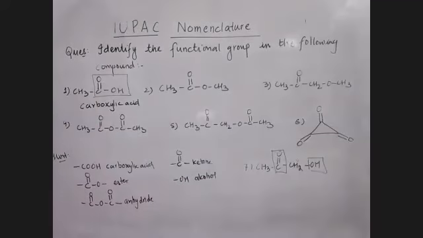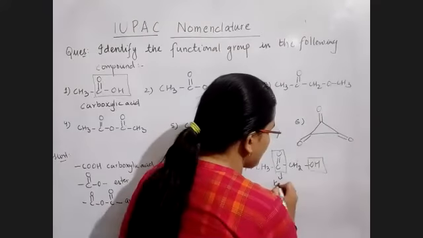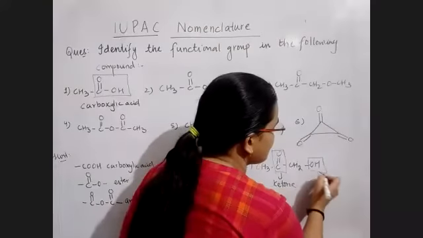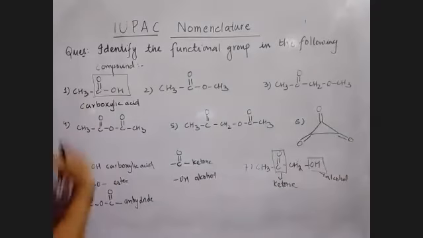Both are separated. So this represents ketone, and OH means alcohol. So COOH means carboxylic acid, COCH2OH means ketone and alcohol. Very good. Now the second one.